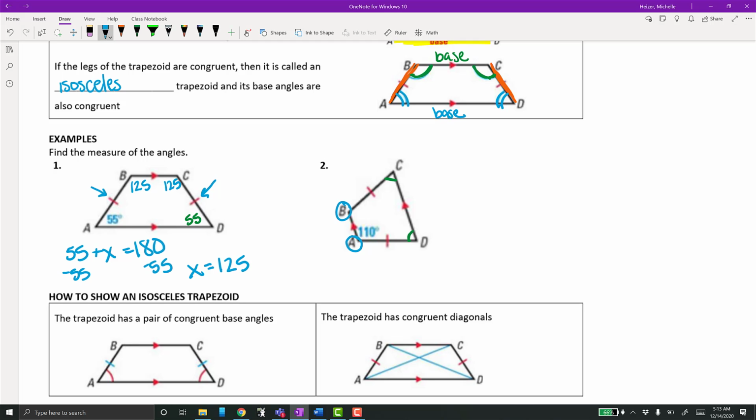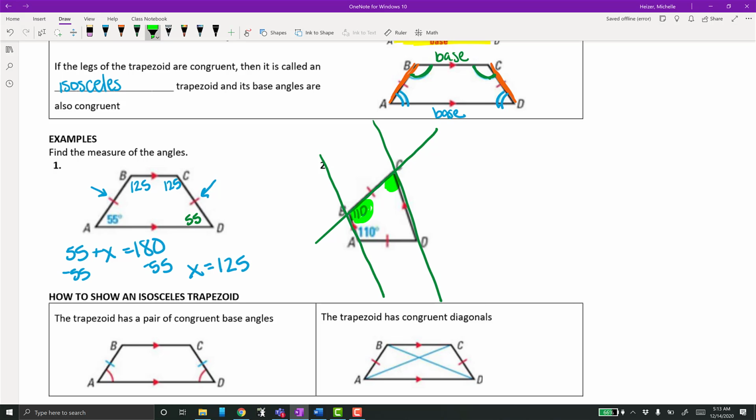Alrighty, so when I start this problem, 110 is the same measure as angle B because those are my congruent base angles. So angle B is also 110 degrees. To find angles C and D, we're going to use supplementary angles, because again, these are parallel lines and we have this transversal that comes across, so I have consecutive interior angles right here and right here.